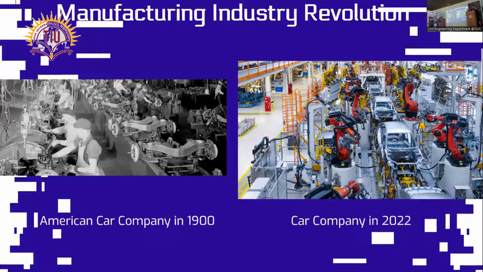Therefore, all the manufacturing processes now in Europe and the USA use robotic arms, because it costs less and is much faster and more accurate than humans. They can do their jobs very quickly and very precisely as well.